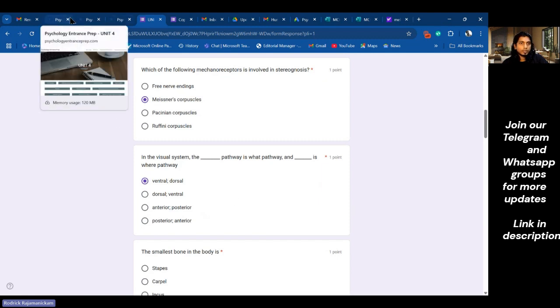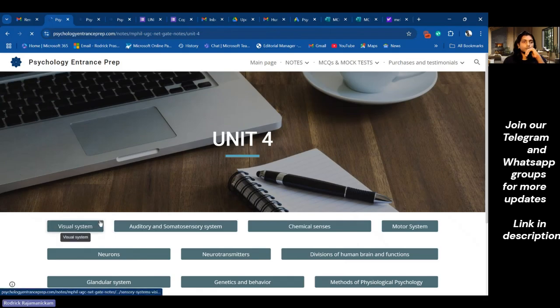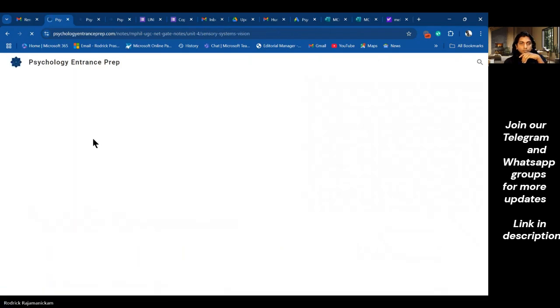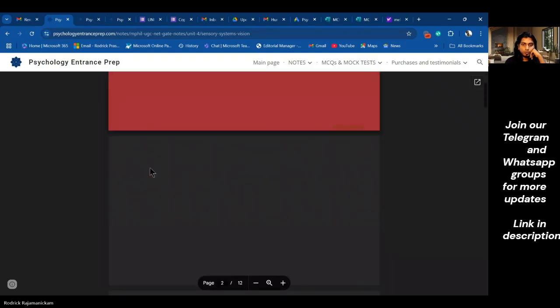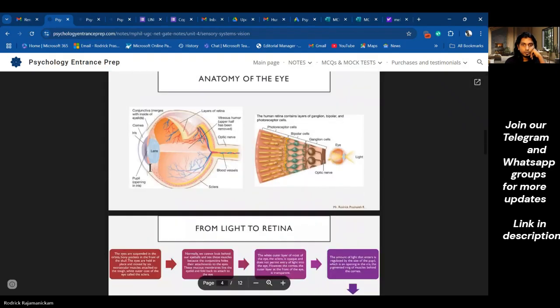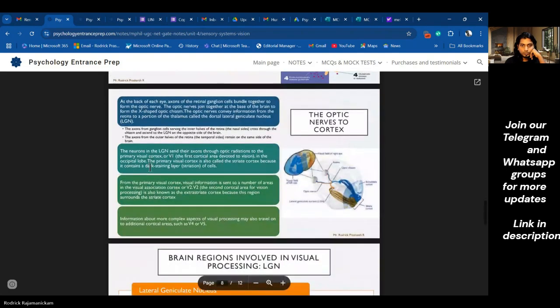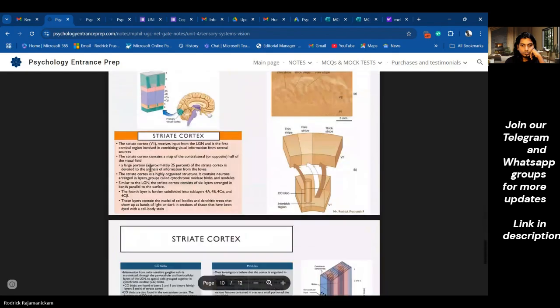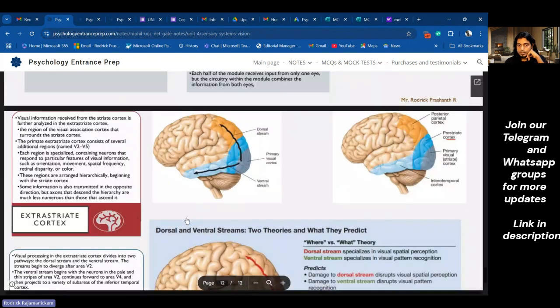Okay, so we can find this. Just to give a picture so that you can encode it better. So from the cortex to association areas, here you have the dorsal and ventral streams.